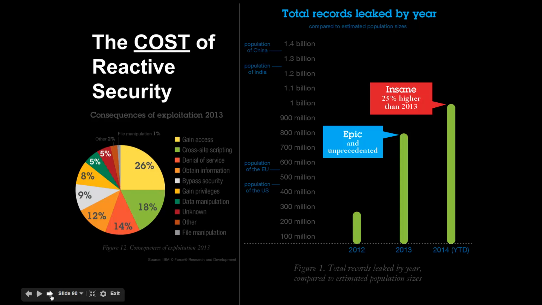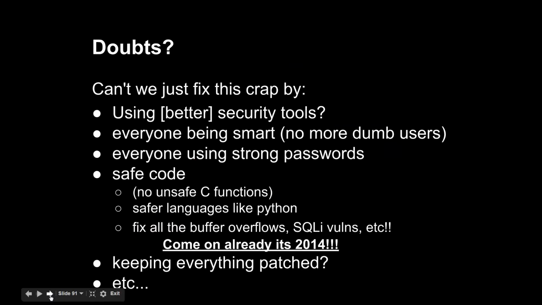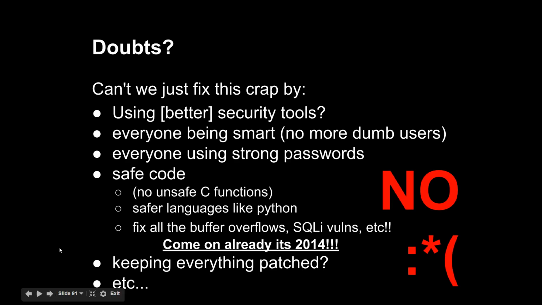It's a huge cost. So can't we just fix all of this by using safer code and better security tools and everyone being smart and getting rid of the dumb users and having strong passwords and keeping everything patched? The answer is unfortunately no. And at the end of the class, you will realize why.